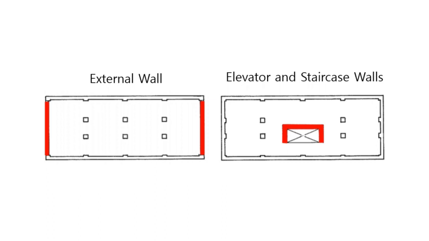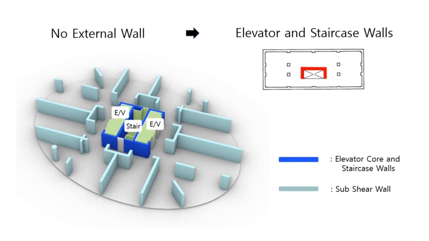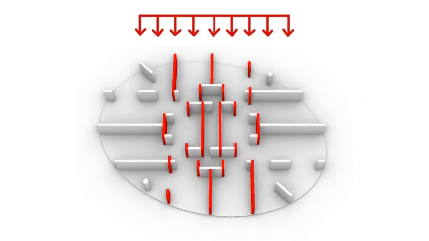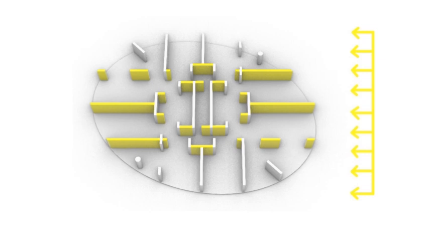So in the case of the Absolute World tower, the second method has been used, selecting elevator and staircase walls as shear walls. As shown in the figure, the dark blue part is the core shear wall surrounding the elevator and staircase, and the rest are sub-shear walls. When I apply the above-mentioned method of operating wind loads to our building, the red walls operate as shear walls resisting wind loads in the red direction, and the yellow walls operate as shear walls resisting wind loads in the yellow direction.